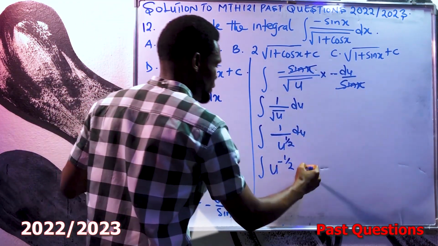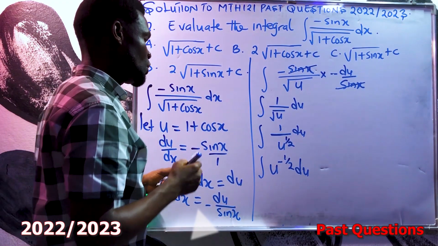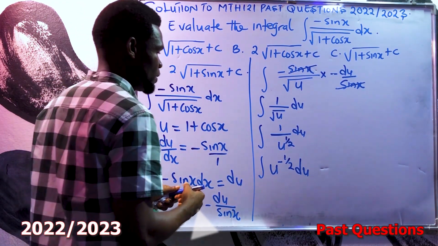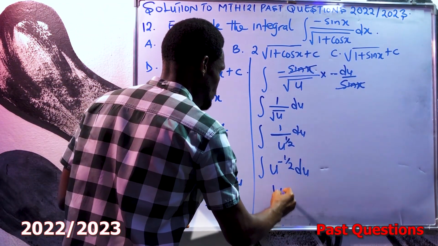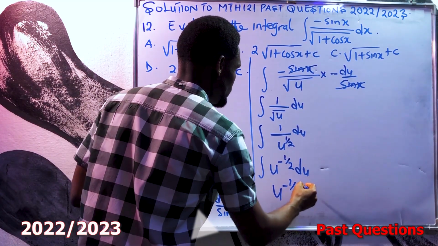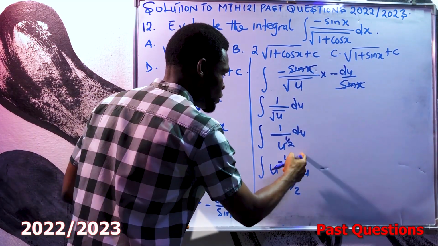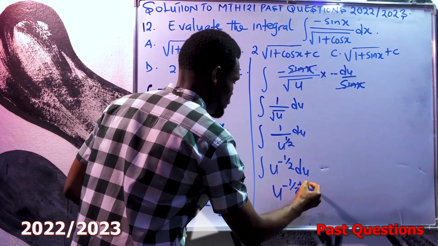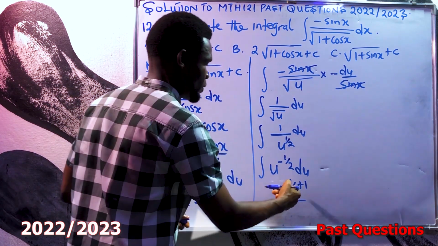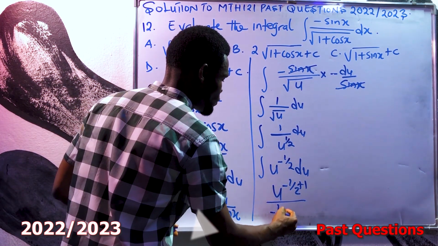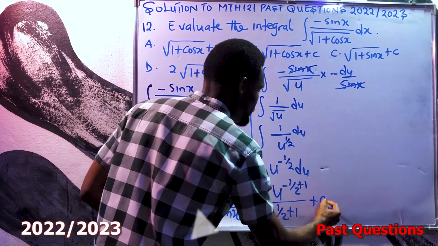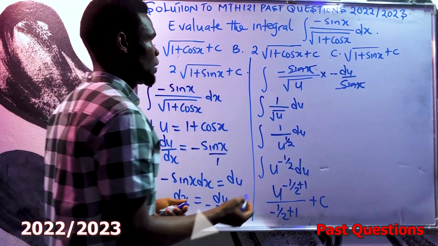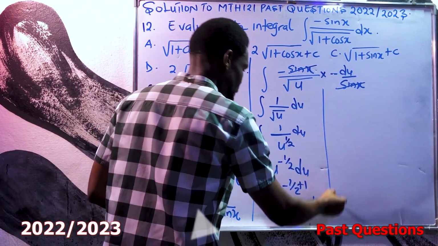So then du. Now don't forget how to integrate. You have u raised to power minus 1 over 2. Remember, you add 1 to the power. So this is plus 1 all over the new power, which is minus 1 over 2 plus 1, plus c. So at that point, you are done integrating.